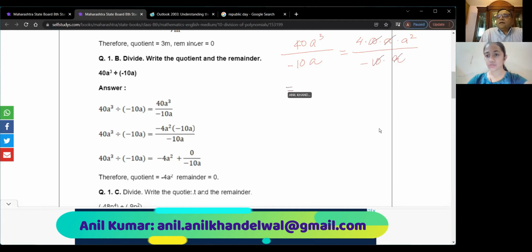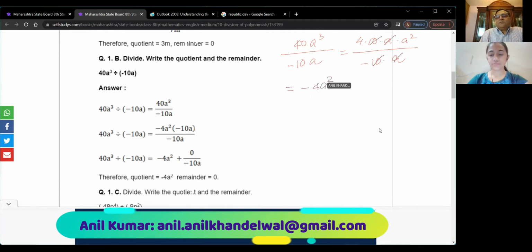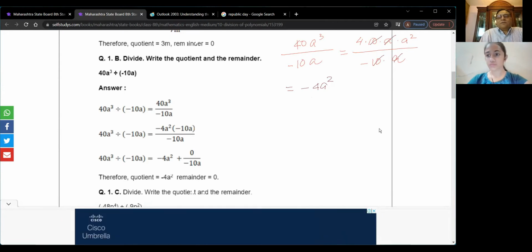So what you're left with is negative, because when you divide positive by negative, you get negative, 4a square. Again, we see that the remainder is 0, because it is a factor. So in this case, we can say the quotient q is minus 4a square and the remainder r is 0. Now let's look at the statement given in the book.